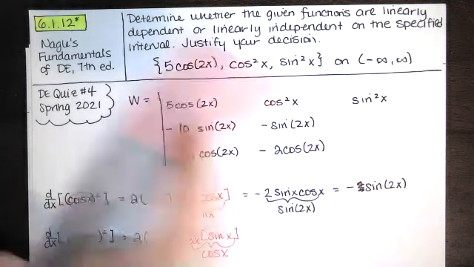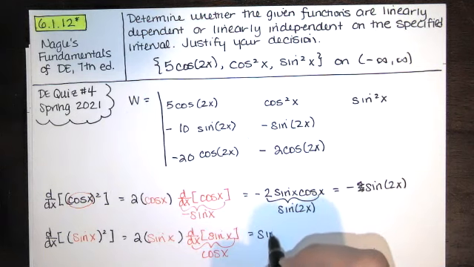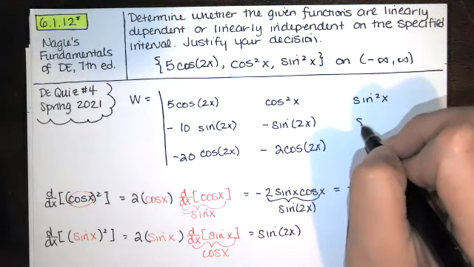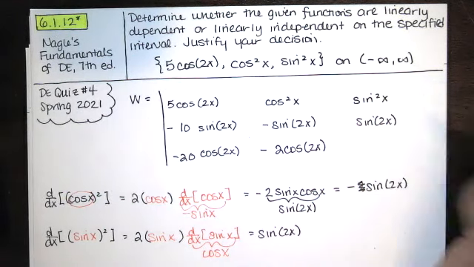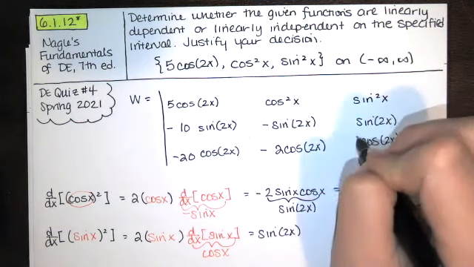So we've got sine of x times cosine of x times 2, which we know is sine of 2x. So I'm going to use that. But you could, if you want, use 2 times sine of x times cosine of x, and that will work as well. And the derivative of sine of 2x is cosine of 2x times the derivative of the inside, which is just a 2.